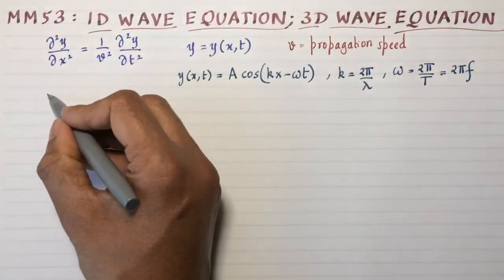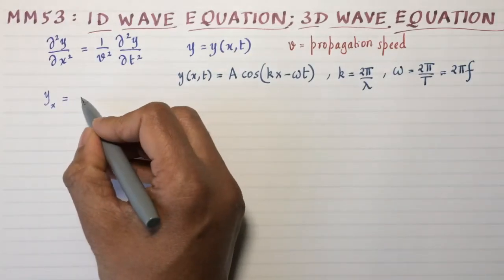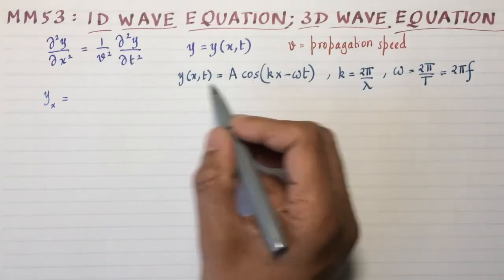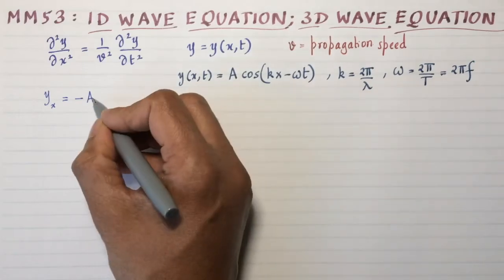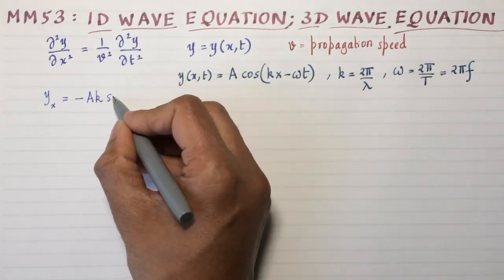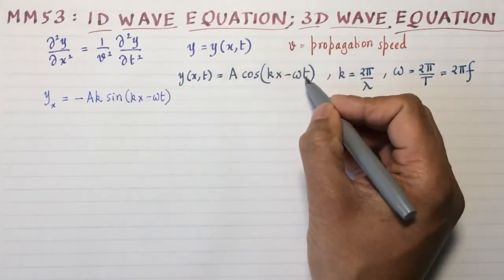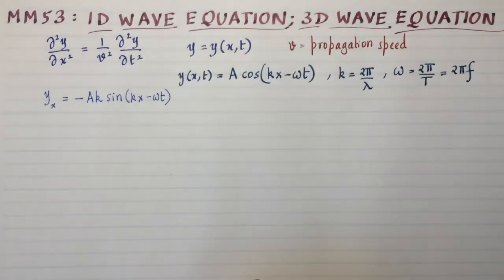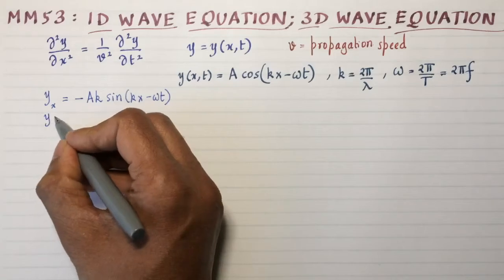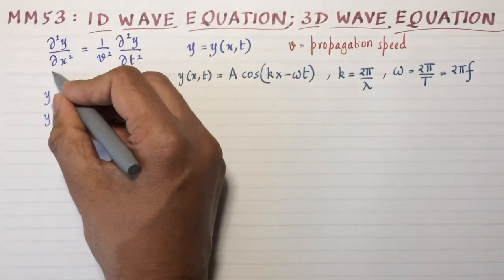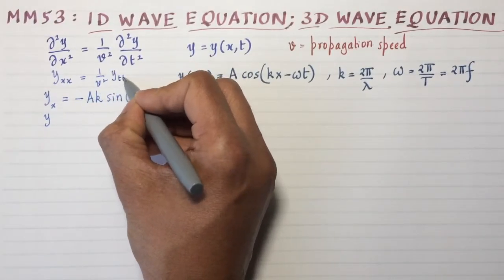The partial derivative of y with respect to x, sometimes written yx, is, if we differentiate this, I'm going to get negative a times, I'll pick up the derivative with respect to x only, of sine kx minus omega t. I can add a phase factor phi if I like, but I did not write it for this video. So if I write this in abbreviated form, it's going to be yxx equals 1 over v squared ytt.